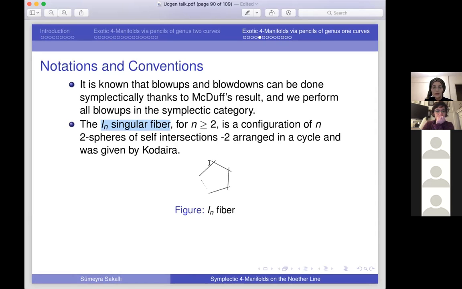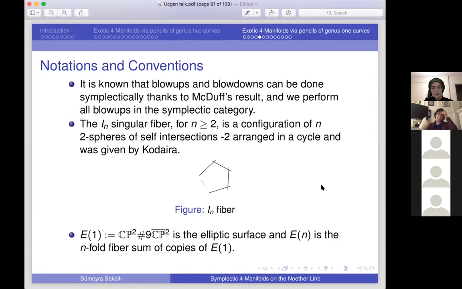And here again, each line is a 2-sphere, and self-intersections are all -2. By the way, when I say self-intersection, we consider the homology class of that sphere. It is an element of H2 of your manifold, and we consider the square of that class. It is what I mean. And these -2 spheres are arranged in a cycle.